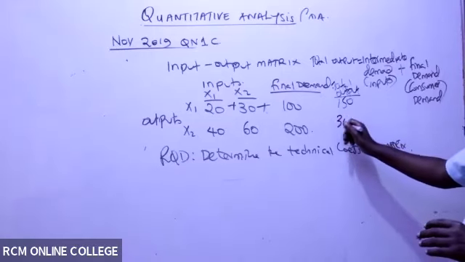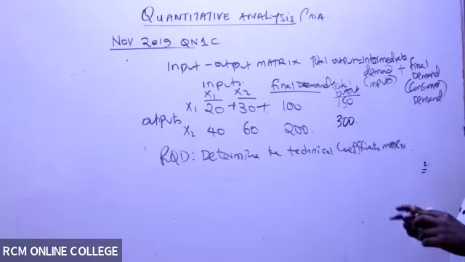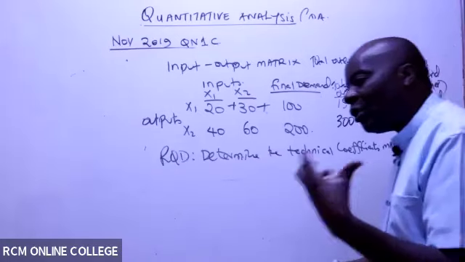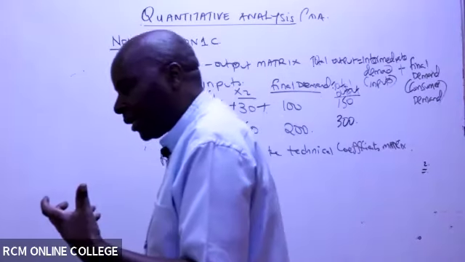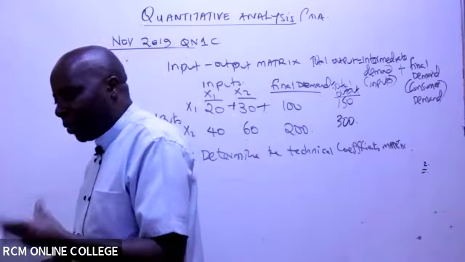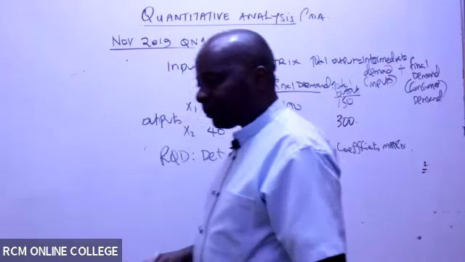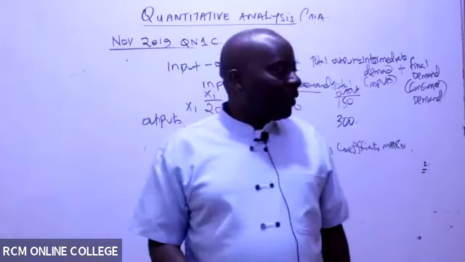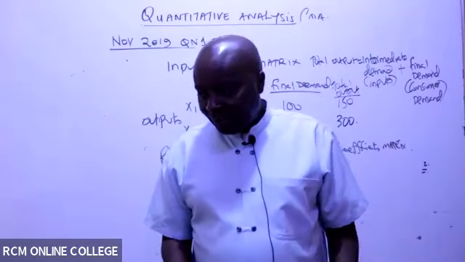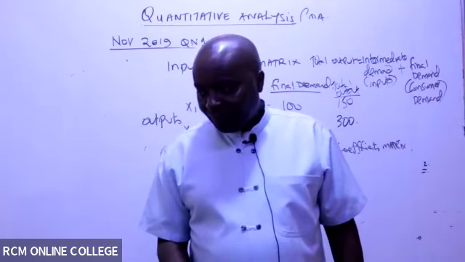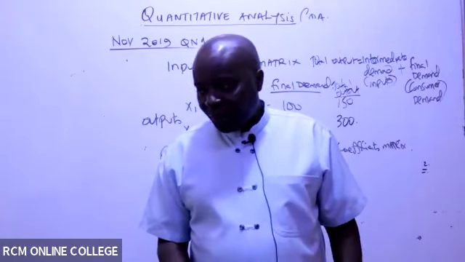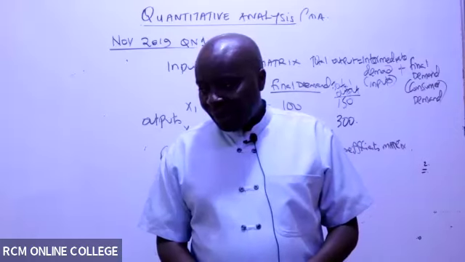It was a typo. Now, after this, ladies and gentlemen, could you kindly guide me? What do you think will be the next step to be able to get this matrix A? After I do this, what do you think will be the next step?